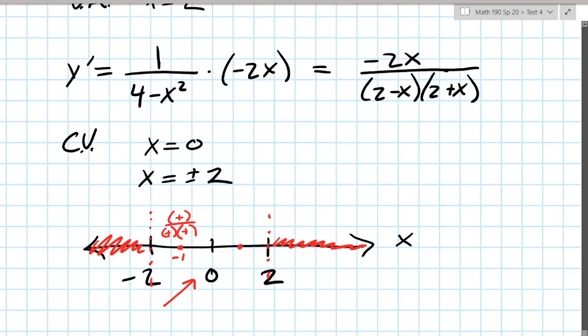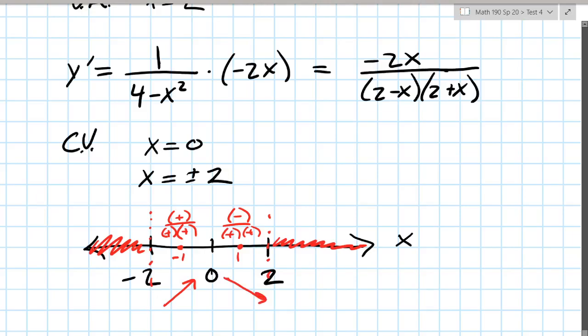Then we could guess, using the fact that it has y-axis symmetry, if it's increasing between -2 and 0, it should be decreasing from 0 to 2. We'll test that out. -2 times 1 is negative on the top, 2 minus 1 is positive, 2 plus 1 is positive, and it is in fact negative.